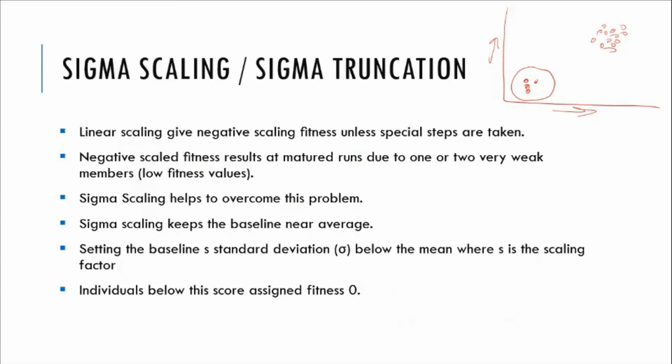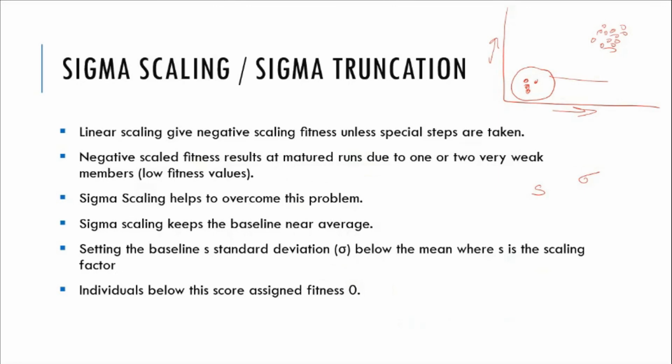What we do is, the sigma scaling keeps the baseline near the average. The baseline is the lowest value. The lowest value is kept near the average value. So we set the baseline S times the standard deviation below the mean, where S is the scaling factor and sigma is the standard deviation of the fitness values.